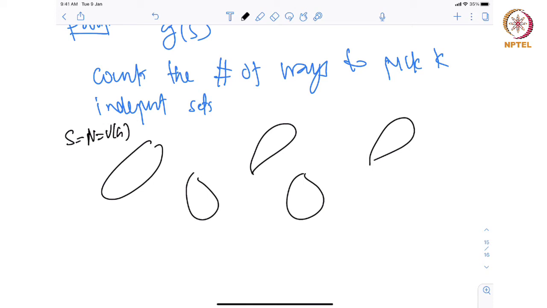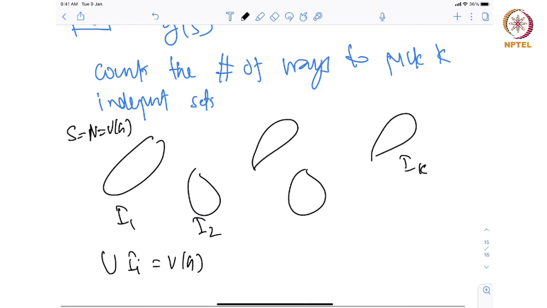If you picked K independent sets, say I1, I2, ..., Ik, and their union is equal to V of G, great for us, because it means I have picked K independent sets that can cover the whole vertex set, and covering implies partitioning, implies coloring. Okay. So this is great.